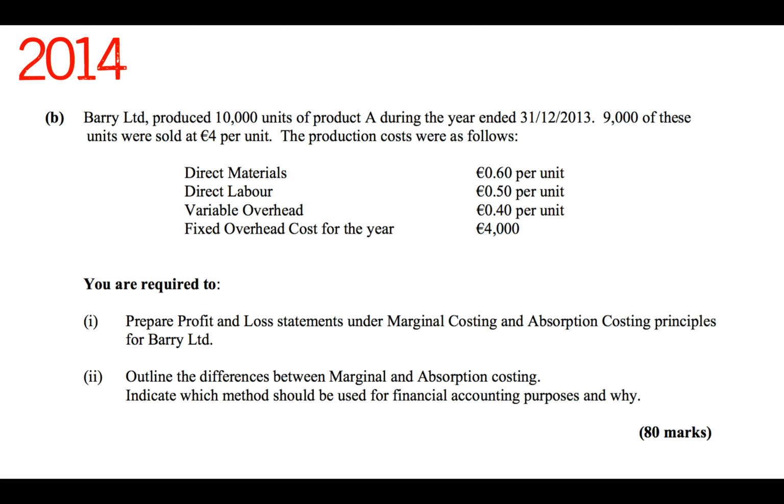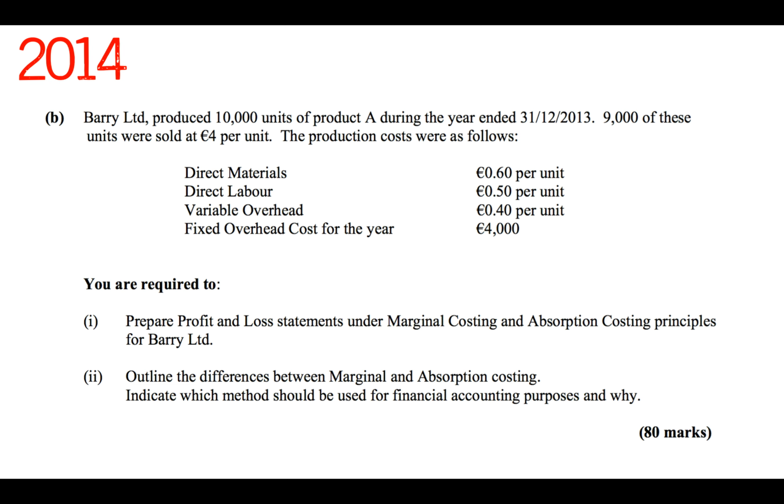Barry Limited produced 10,000 units of product A during the year ended 31st of 12, 2013. 9,000 of these units were sold at €4 per unit. The production costs were as follows. So direct materials, 60 cent per unit, direct labour, 50 cent per unit, variable overhead, 40 cent per unit, and fixed overhead costs for the year, €4,000.